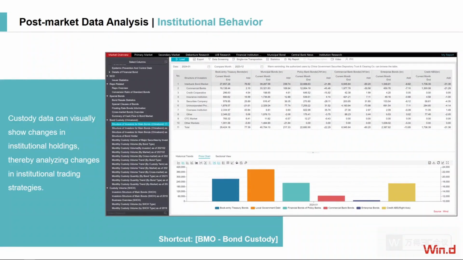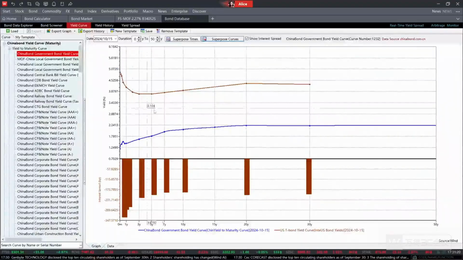It is exactly the key focus after the market close. So how can you know the behavior of the different institutional investors in the bond market? We are going to show some statistical data, and then we can find out the movement of the different institutional investors.